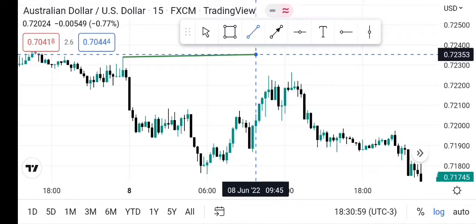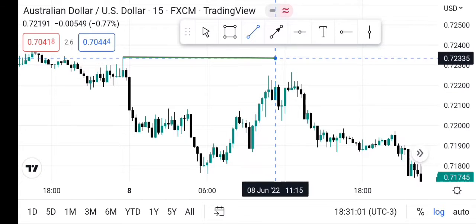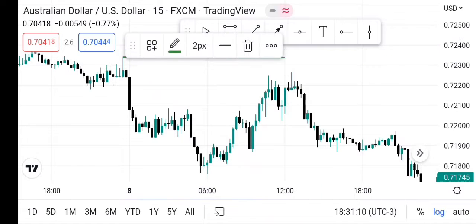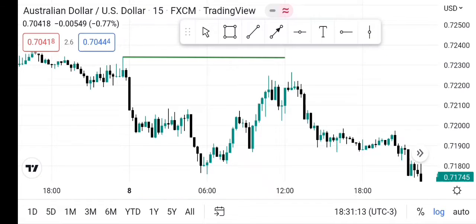This is a swing high, as you can see. That's a swing high. What makes it a swing high is the fact that we have a bullish candle, and then it's followed by two bearish candles down.